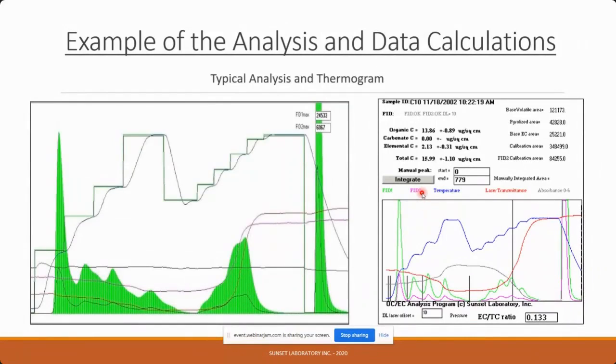This is actually a subset of that software. We provide a large amount of data for the sample that's being analyzed. Specifically, we look at optical properties, individual peak fractions as the sample evolves off, and various other components of the analysis.